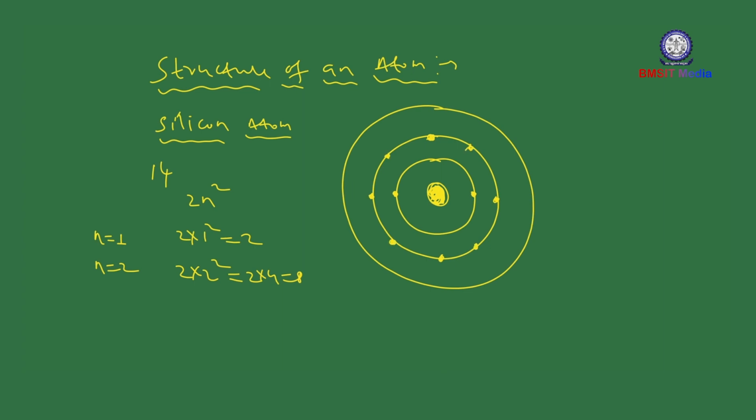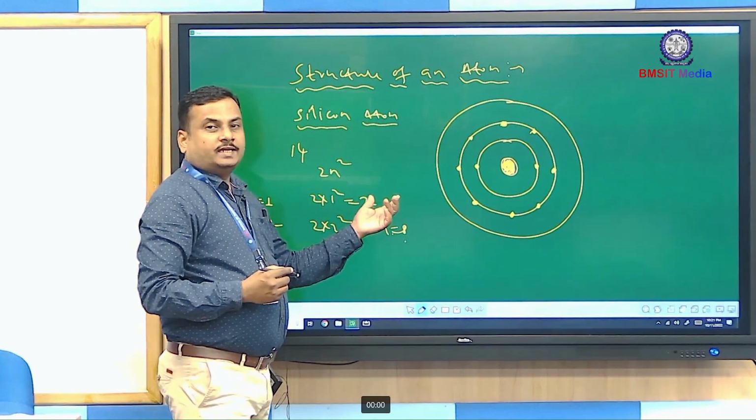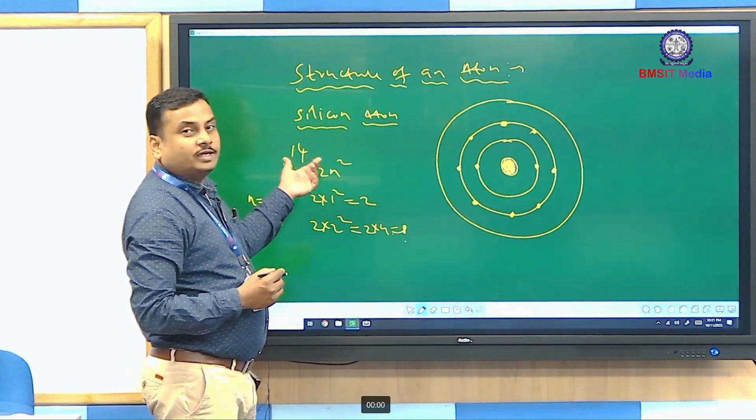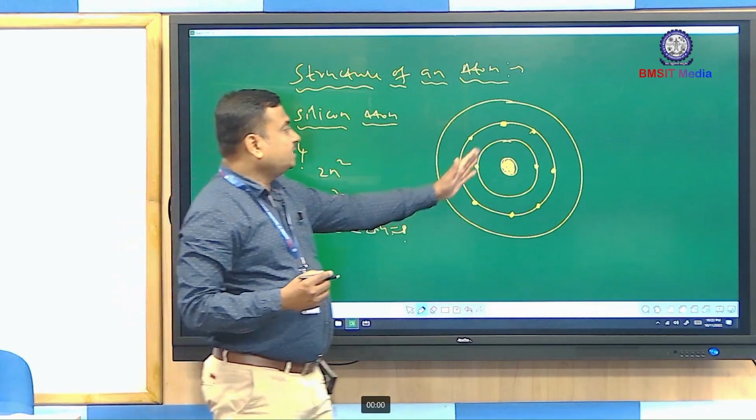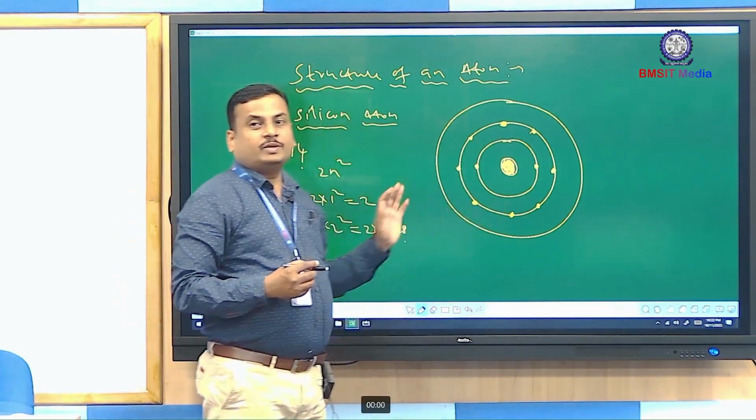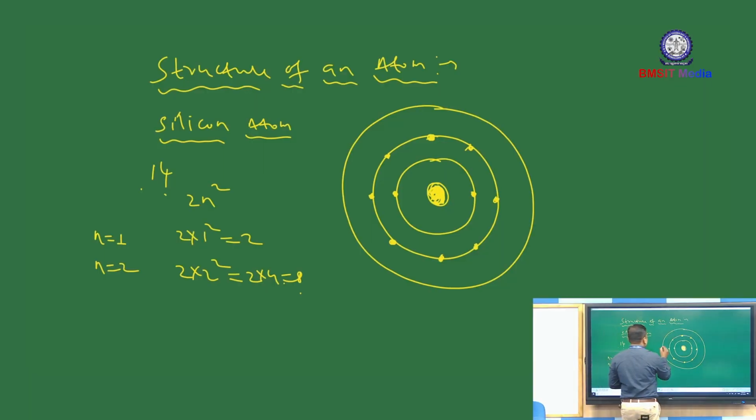Then 8 plus 2, 10. Then out of 14, 10 are occupied in the first orbit and second orbit, and the remaining 4 will be in the third orbit, that is the valence orbit or shell. So electrons in this outermost orbit are known as valence electrons, and the orbit is the valence orbit.